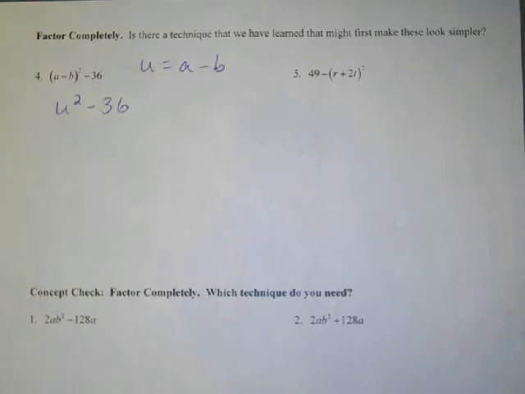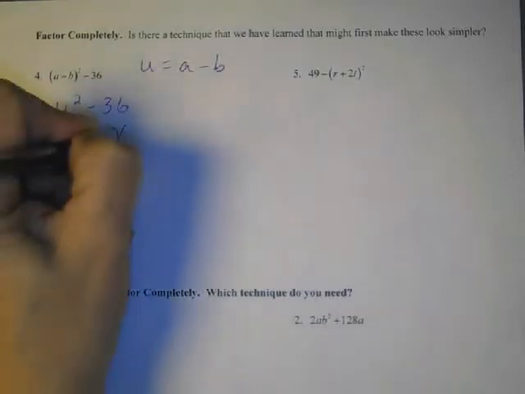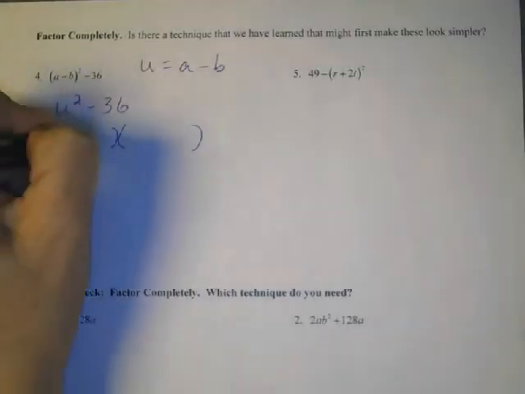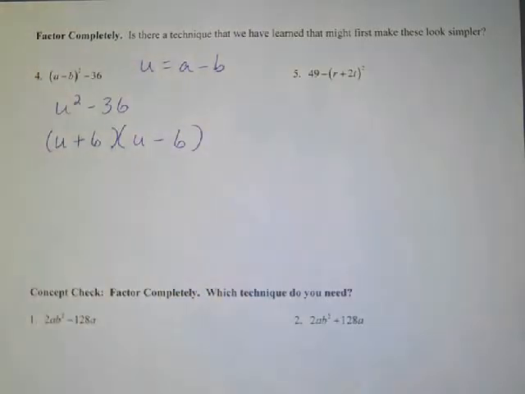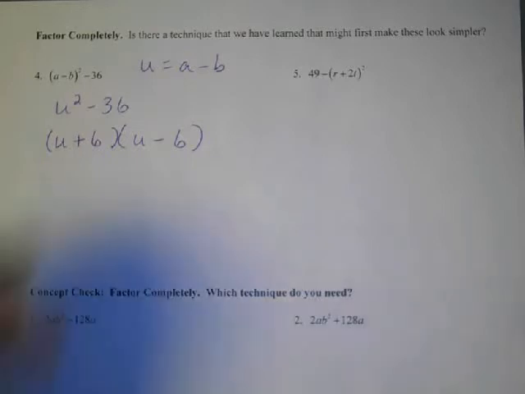Now I see a much simpler binomial that is a difference of squares, and I will factor it. Remember, when you're using u substitution, you must finish by replacing u with what you had it represent. So I'm going to put back in my a minus b.